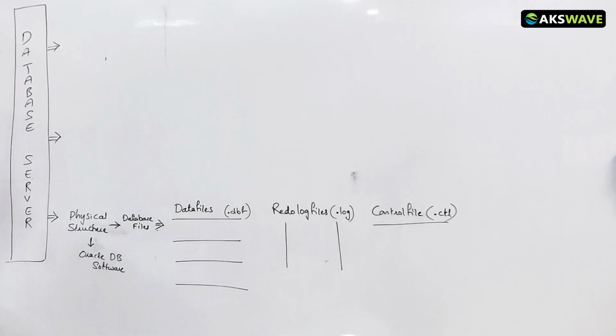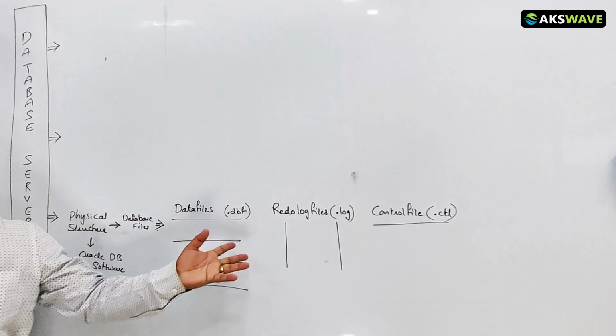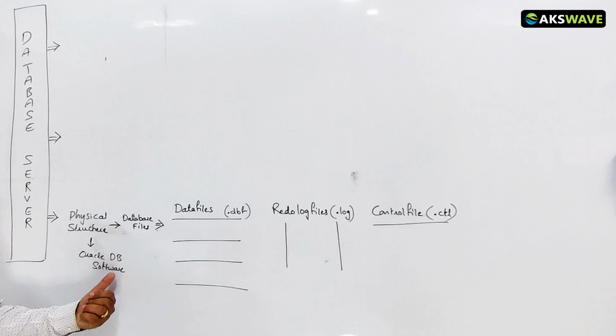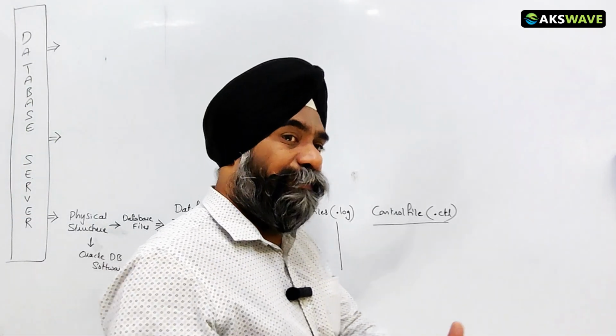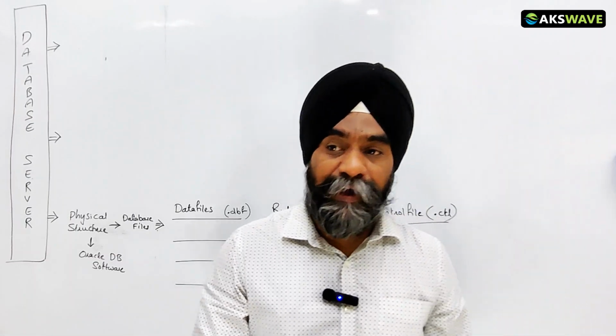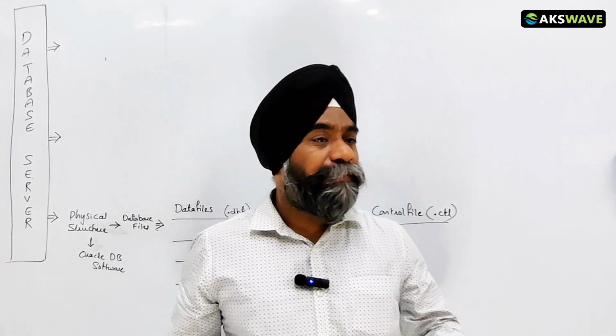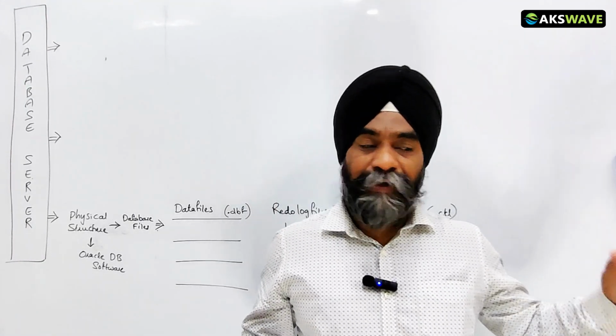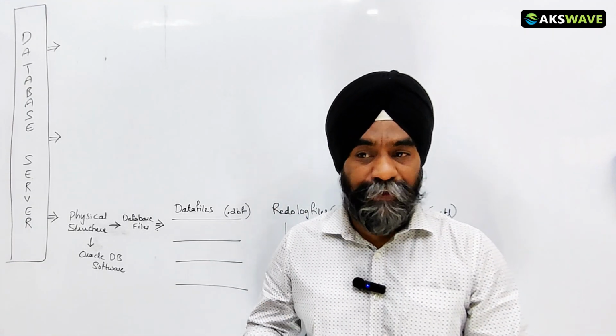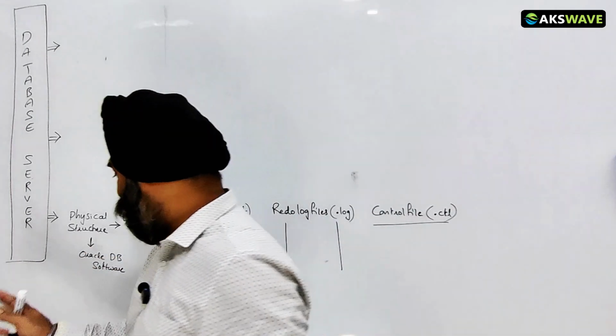What is that? Software. In your database server, there must be software, right? Without software, you can't work. To open the files, you even require software. The software contains a lot of directories, subdirectories and files: some DLL files, some executable files, some binary files, some configuration files.